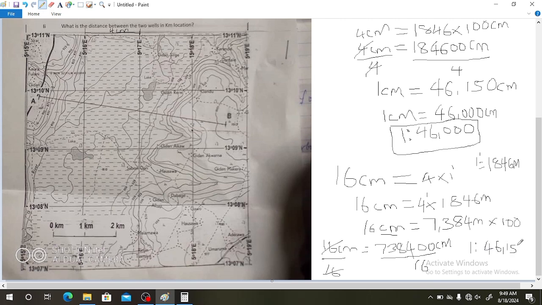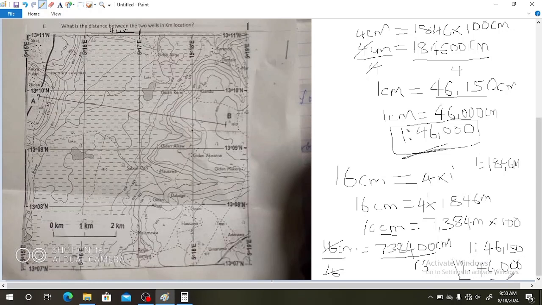That's exactly what we got before approximating this scale. You see it here. So from here we can approximate it and say 1 is to 46,000.